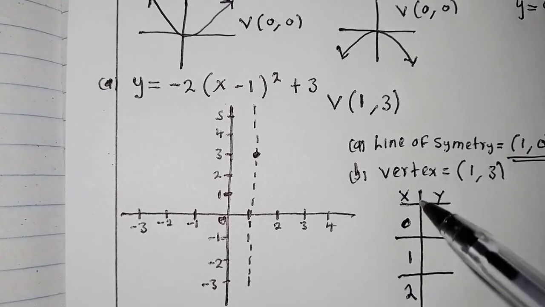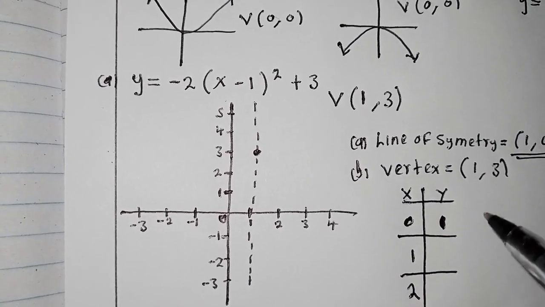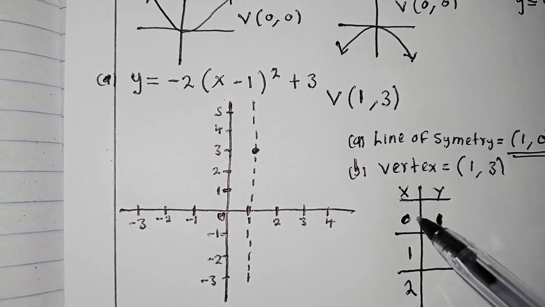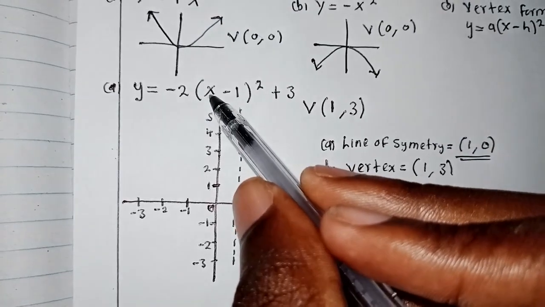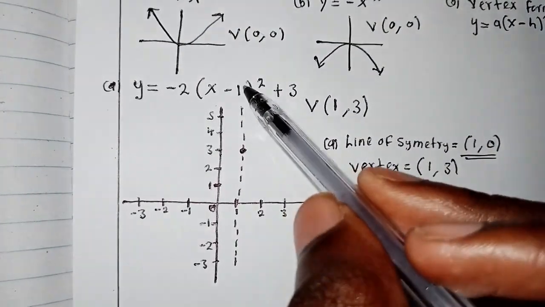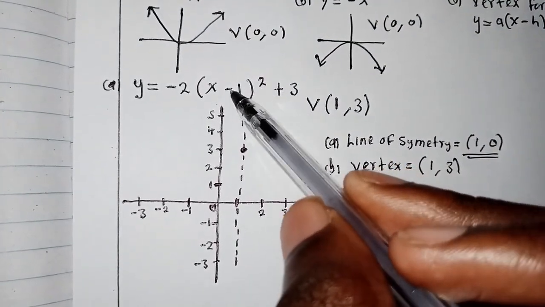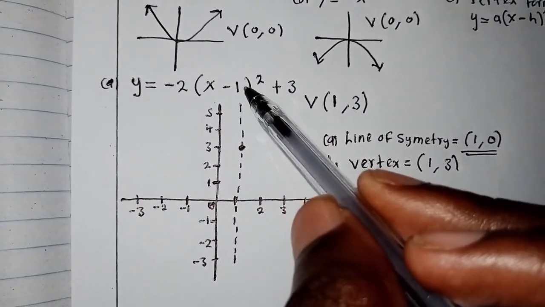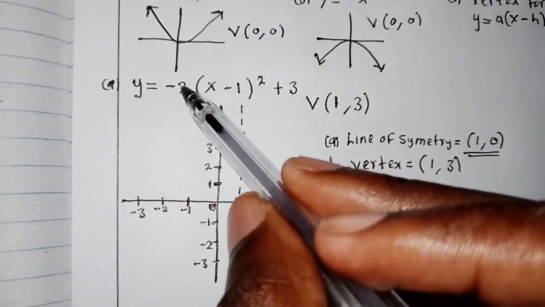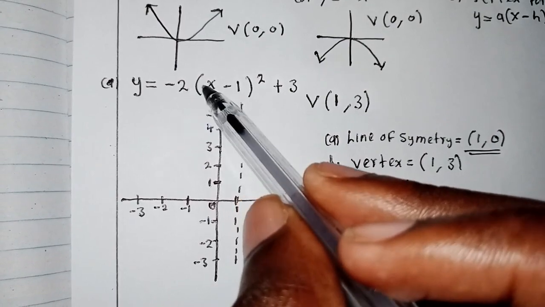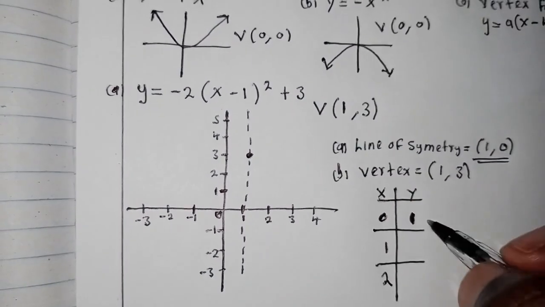Of course, it's going to be 1 here because if I put 0 here, then of course it's going to be negative 1. Negative 1 to the power 2 is going to be positive 1. Positive 1 multiplied by negative 2 is going to be negative 2. Negative 2 plus 3 is going to be 1.